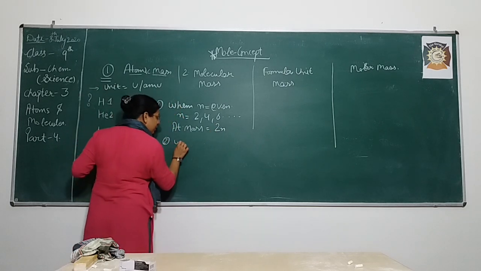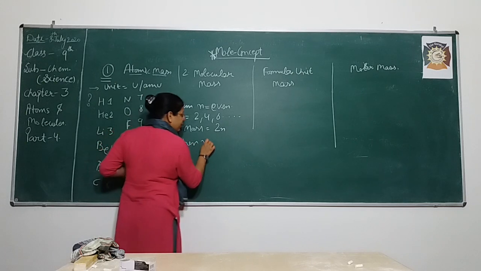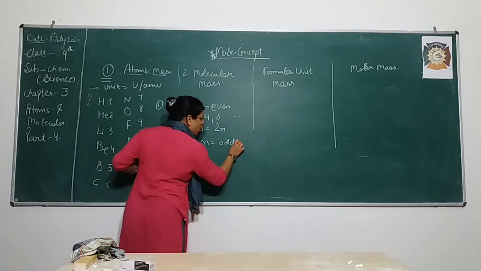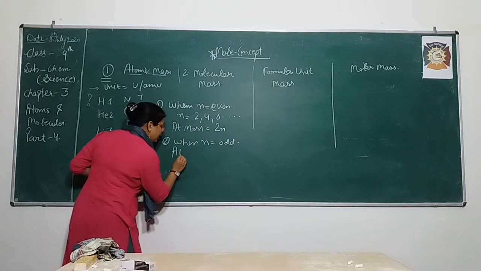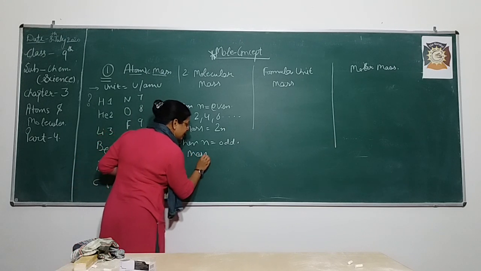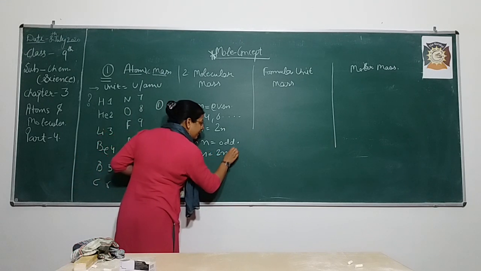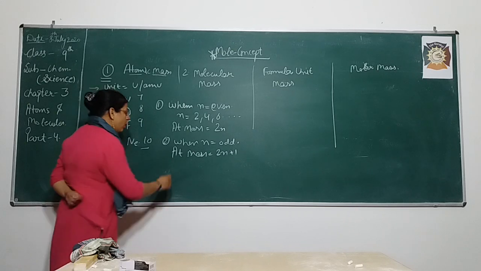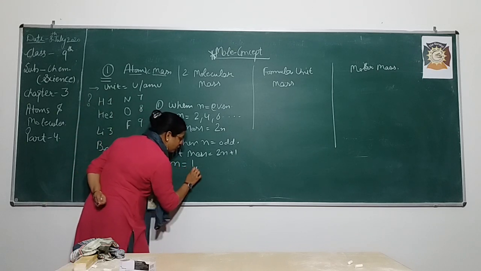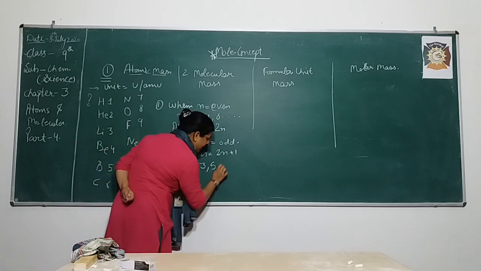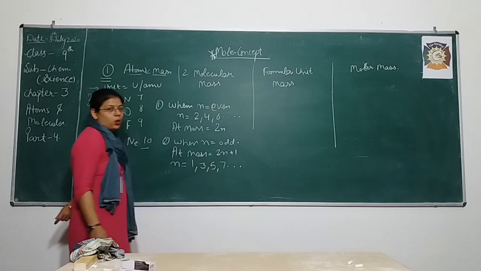Second thing, when your atomic number is odd, then the atomic mass formula is 2n plus 1. Odd means the value of n is 1, 3, 5, 7 and so on.